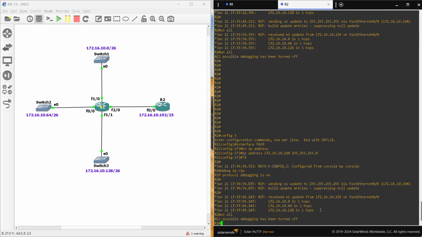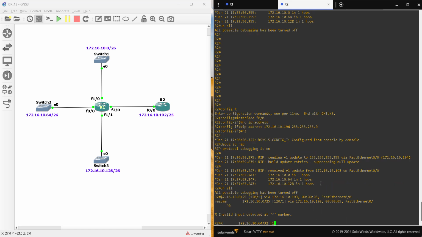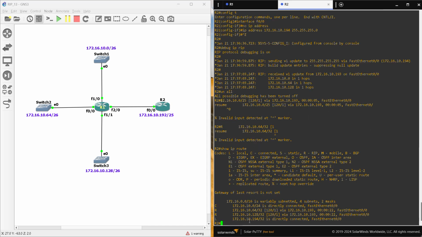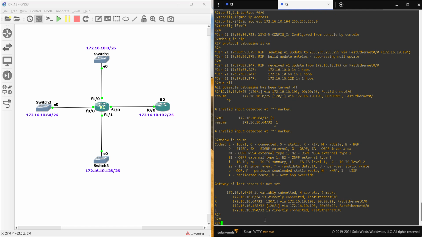As you can see here, it's still receiving all three networks, but let's see what it is choosing to install in its routing table. I guess it's an older entry.